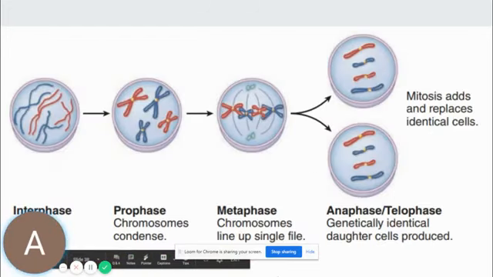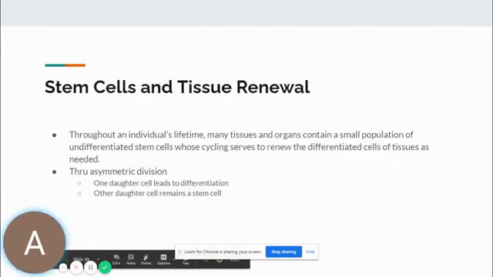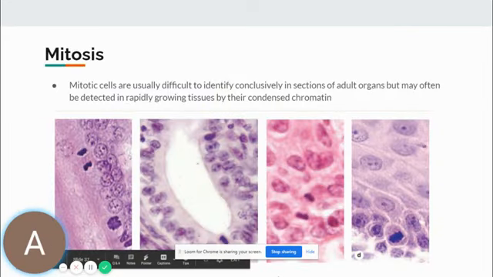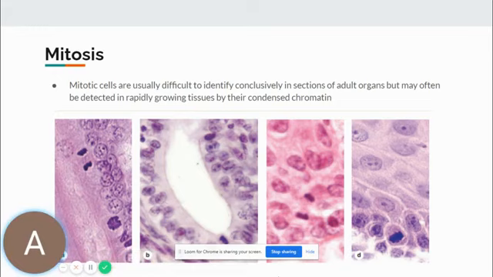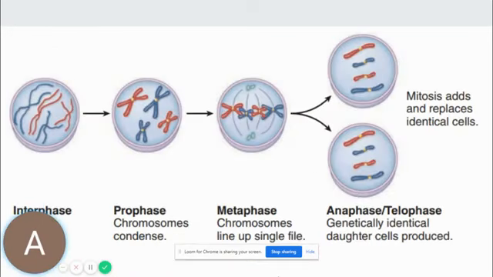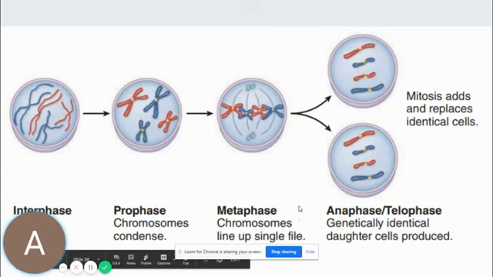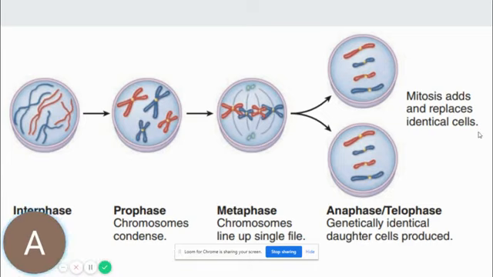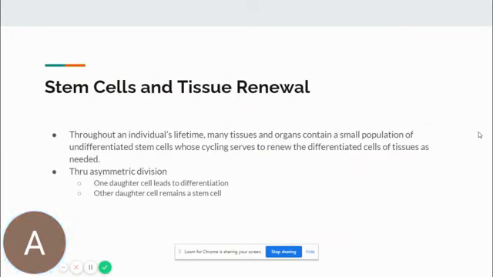We know rapidly growing tissues like skin cells and the lining of the gastrointestinal tract are rapidly dividing tissue, so that's where mitotic activity is easy to see. So this is a diagram from interphase to prophase, metaphase, and eventually to producing two daughter cells.